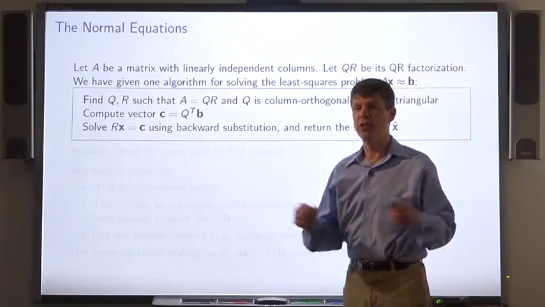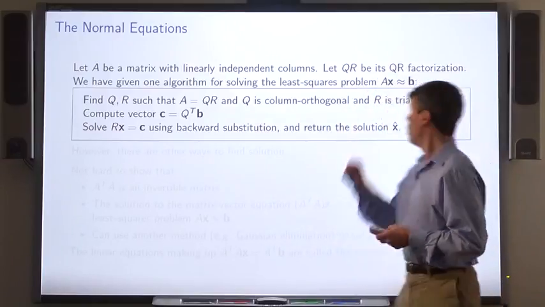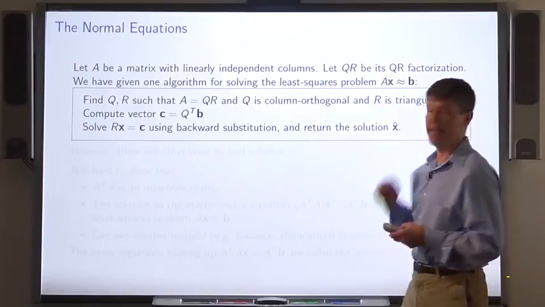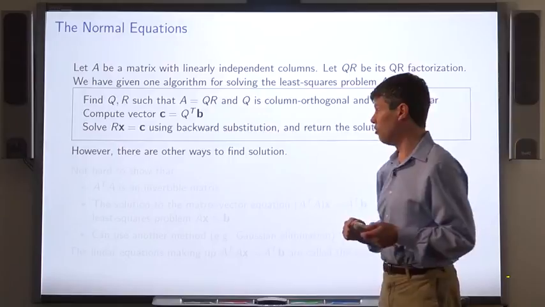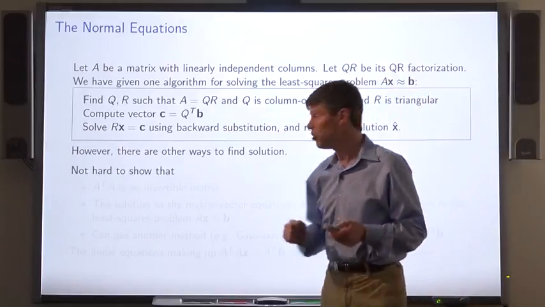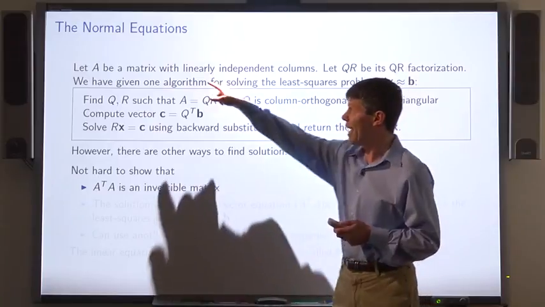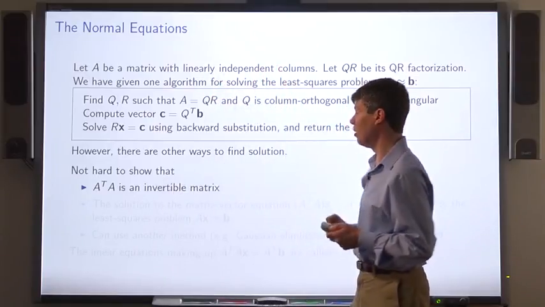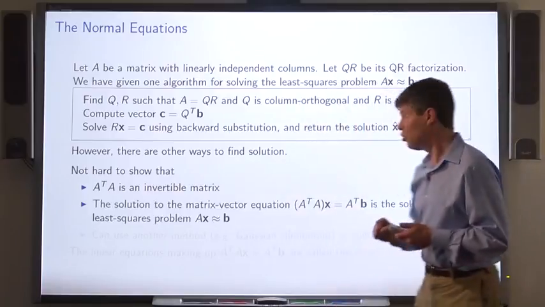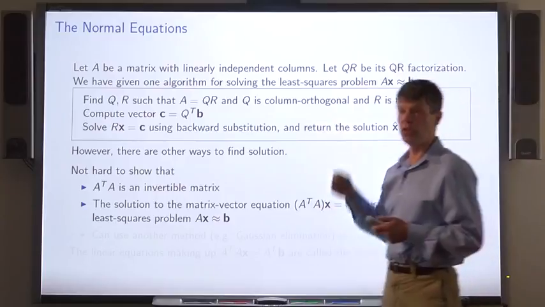So we've given one algorithm for solving the least squares problem, where we want to approximate B as A times x. But there are other ways to find such solutions. It's not hard to show that A transpose times A is an invertible matrix in the case where A is a matrix with linearly independent columns, and that the solution to this equation is also the solution that we want.